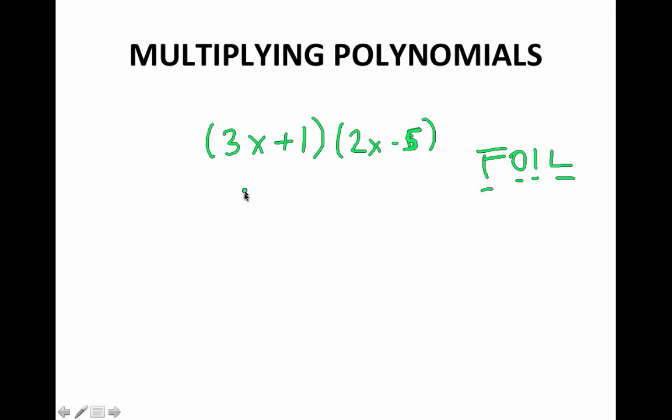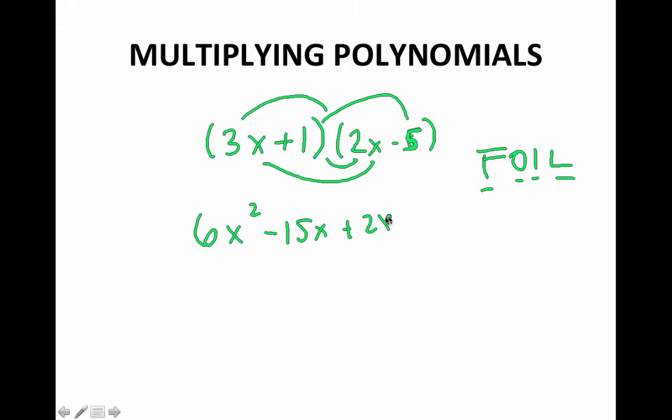Not too much need to review this, but we go first, outside, inside, last, which would get us 6x squared minus 15x plus 2x minus 5, which in the end we get this, 6x squared minus 13x minus 5.